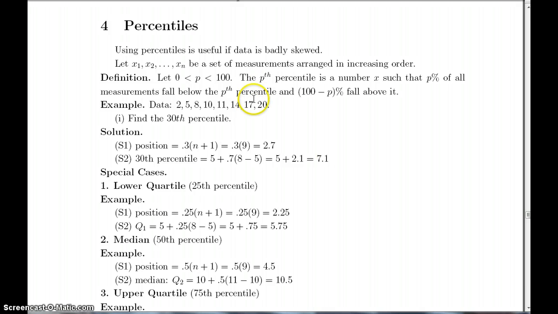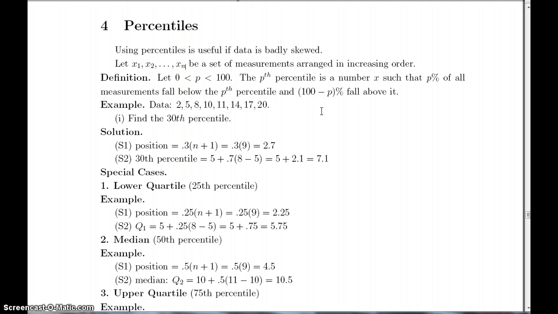So we're going to start with a data set whose values are x1, x2, up to xn, and we want to arrange this data in increasing order. So our smallest value is x1, our largest value is xn.